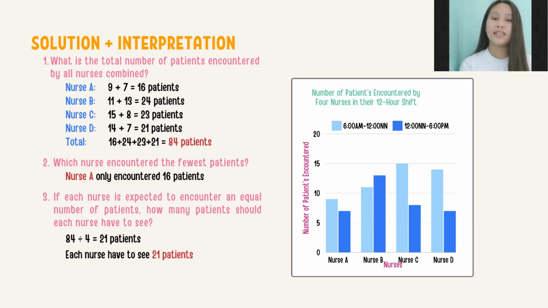If each nurse is expected to see an equal number of patients, we divide the total number of patients, which is 84, by the total number of nurses, which is 4, and this gives us an average of 21 patients that each nurse should have to see.